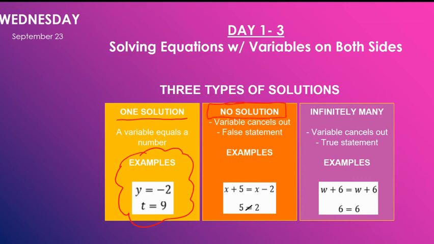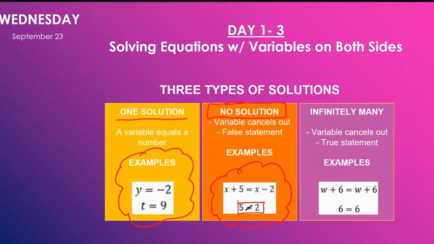In order to have no solution, our variable cancels out, and the result is a false statement. Example here. If I subtract x from both sides, I'm left with 5 equals 2. But we know that 5 cannot equal 2. In this instance, we would have no solution.